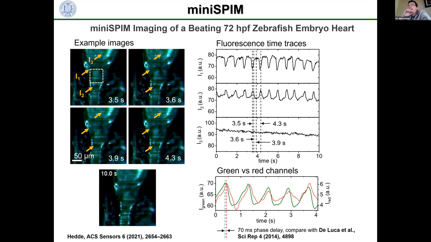In their case, they were labeling the surrounding tissue and the red blood cells with 2 different proteins. And they found a phase shift between the contraction of the tissue and the actual blood cells moving. In our case, we were just dealing with autofluorescence, which seems to be somewhat specific to these different kinds of cells and tissue types.